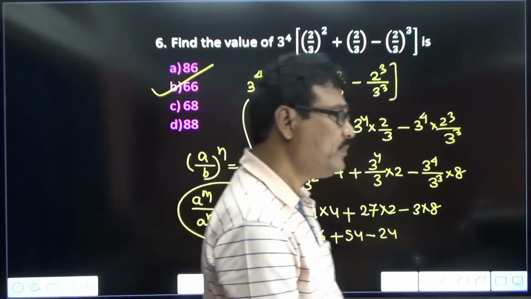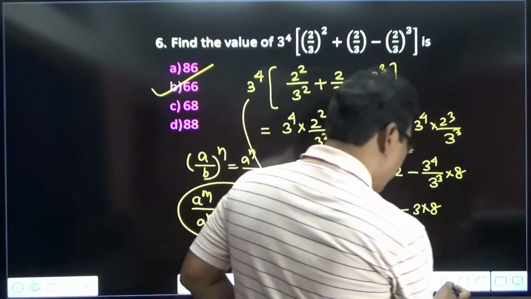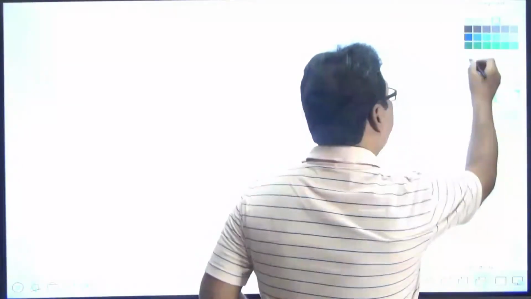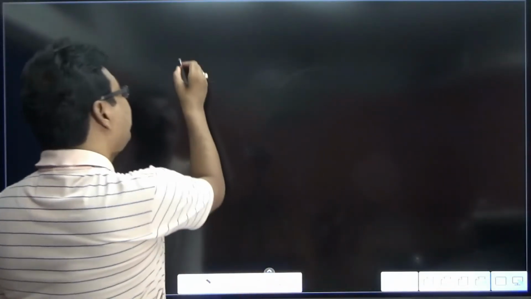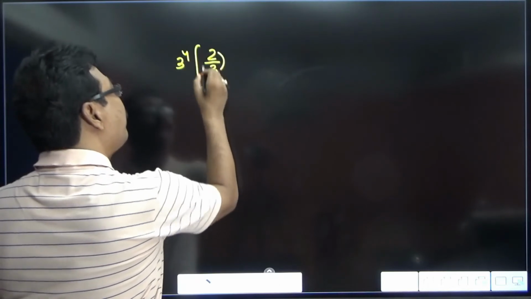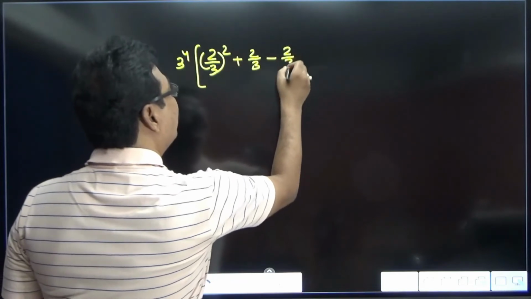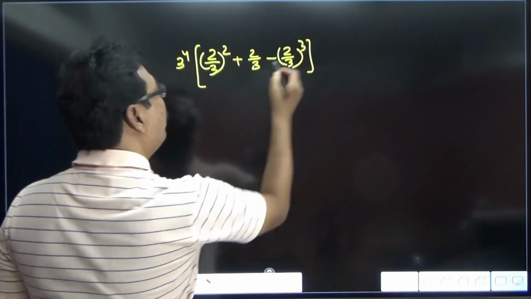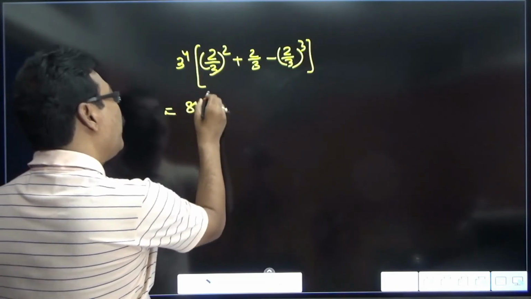Okay? This is one way to solve this question. The other way, what to do? Let us see how you can solve this question in the other way. This is 3 to the power 4 times 2 by 3 square plus 2 by 3 minus 2 by 3 cube. What will you do now? 3 to the power 4, let me write the value 81.